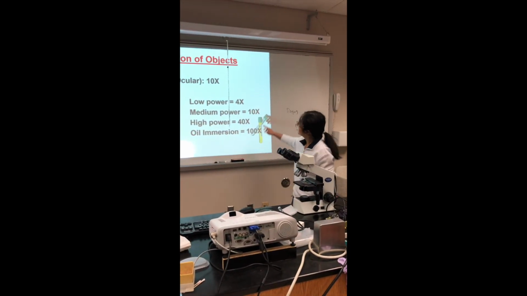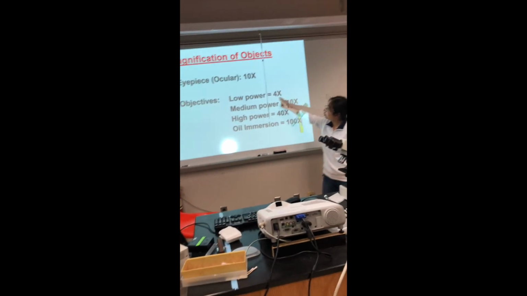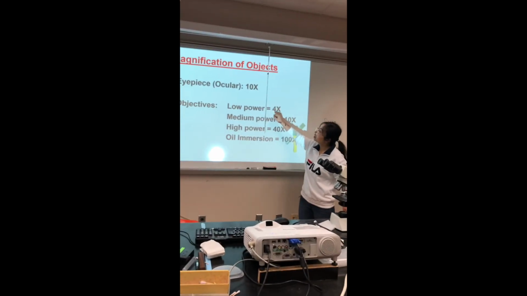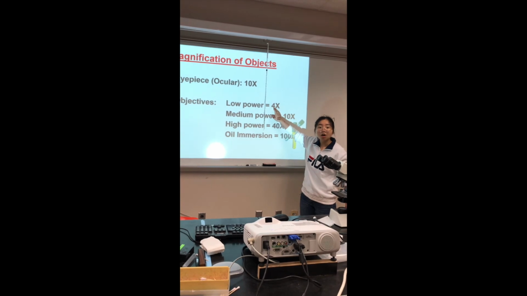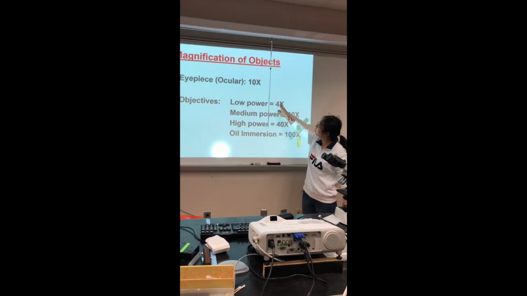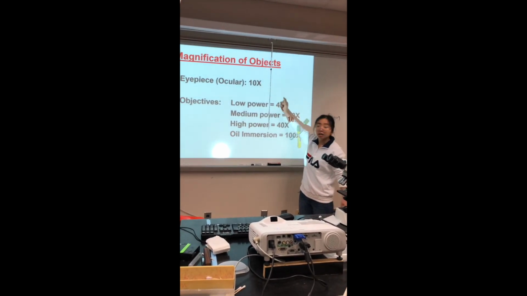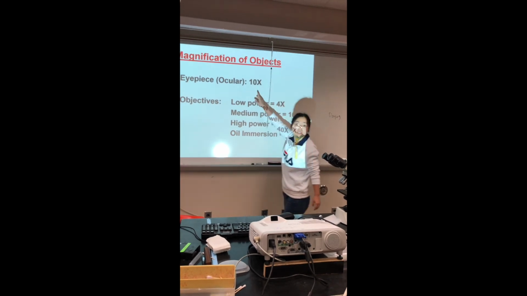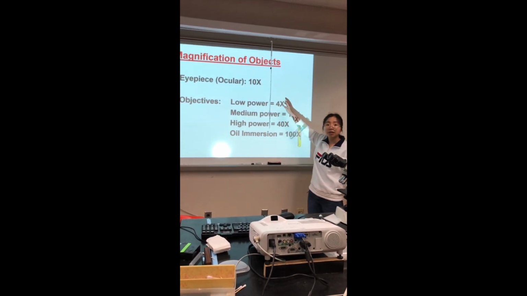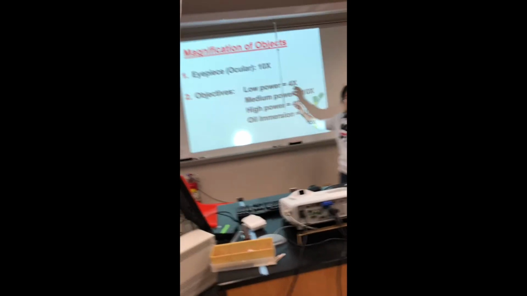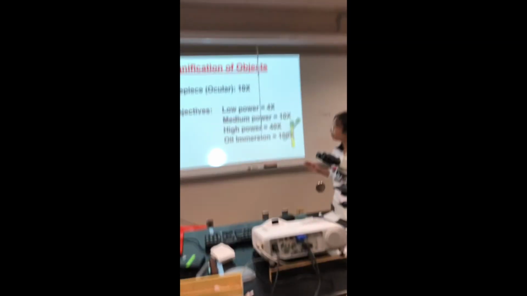So what do you mean by 10 times? If you use your low power, the total magnification of your compound microscope would be 4 multiplied by 10. So the total magnification would be 40 times when you have the shortest low power.